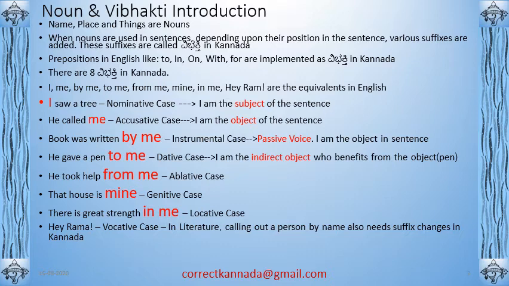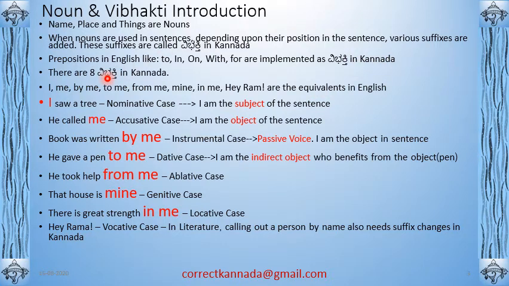In English they don't have such a suffix. In English you have independent words that represent the position of the noun in the sentence. For example, in English you have to, in, on, with, for, right? And these individual words in English are implemented as Vibhakti in Kannada, which means the suffix is attached to the noun together. It becomes like a single word. It is not separated out.